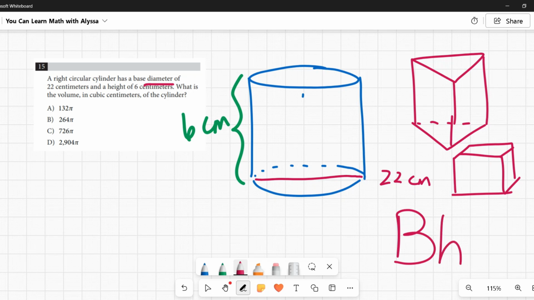The specific formulas will look a little bit different because you replace that B with the area formula for the base. For the cylinder, the circular base means pi r squared. For the triangular prism, the area of the base is 1/2 base times height of that triangle, and then you multiply by the height of the prism. And for the rectangular prism, it's length times width times height. Well, length times width is the area of the base times the height.